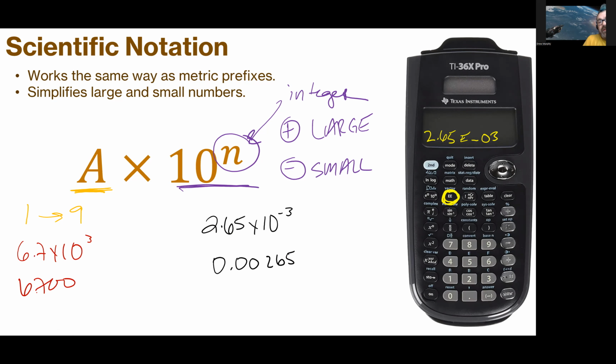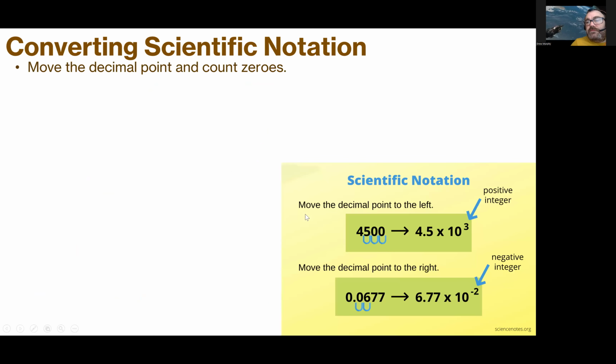If we had 6.7 times 10 to the minus 3, then this is the same thing as saying 0.0067. Why did I write 63? And there's my decimal place that got left off. Okay. All right.